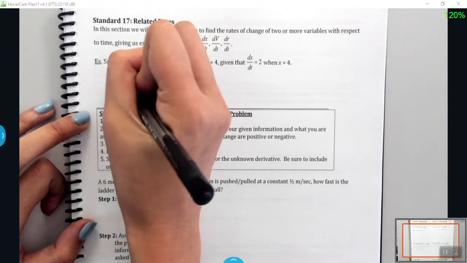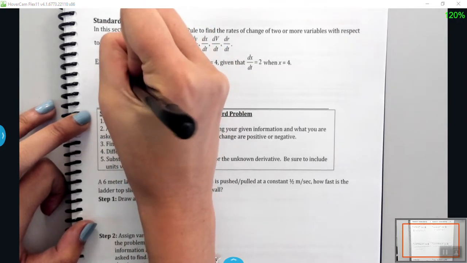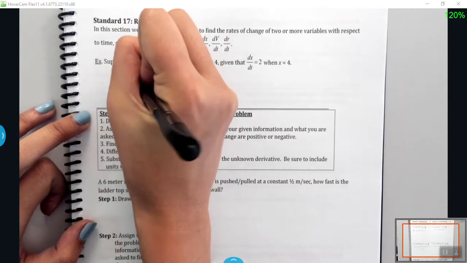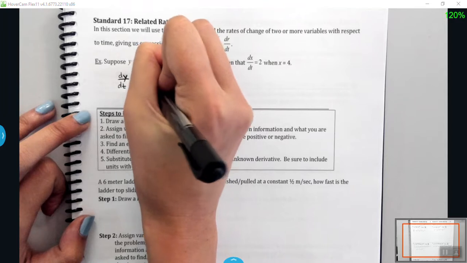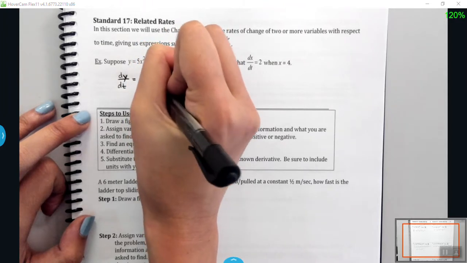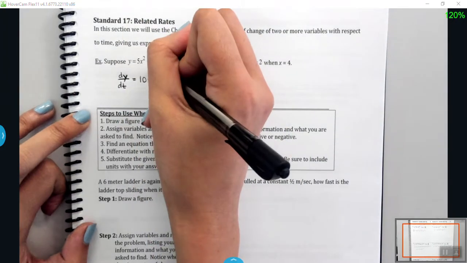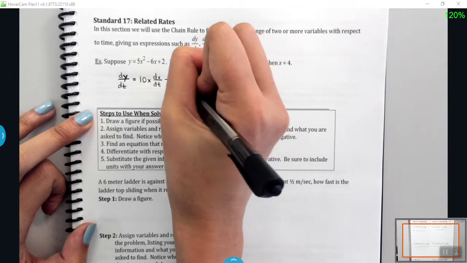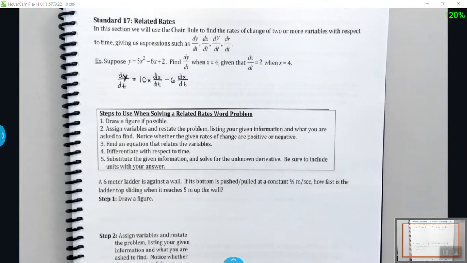So this would be 1 dy dt equals, and then the derivative of this is 10x dx dt, because it's with respect to time, so we have to put a dt with every single variable that we take the derivative of. So minus 6 dx dt, and then the derivative of 2 is nothing.